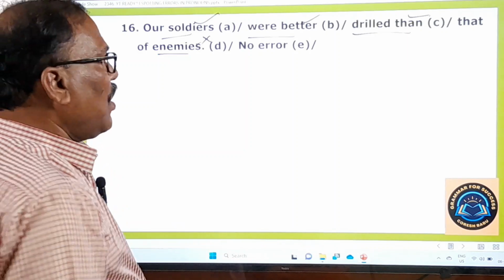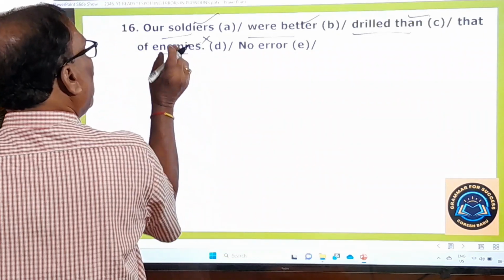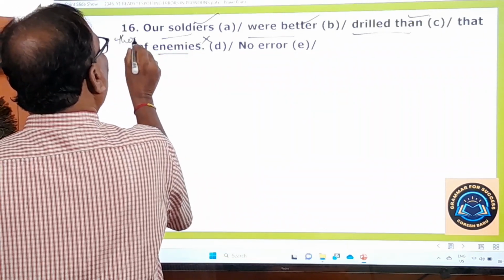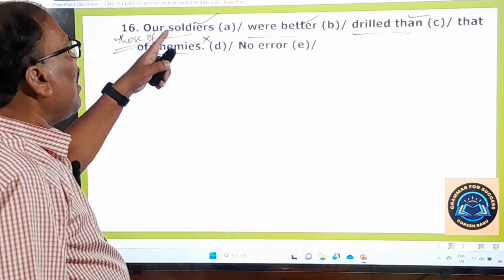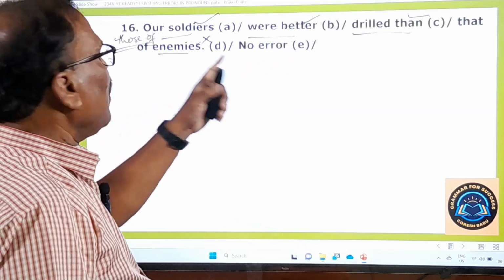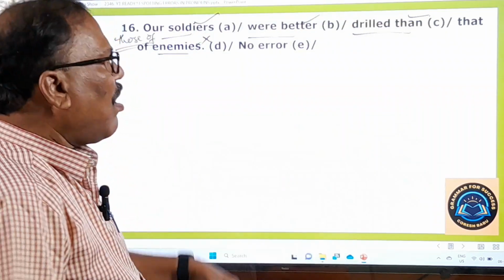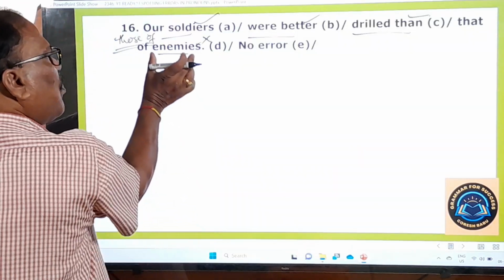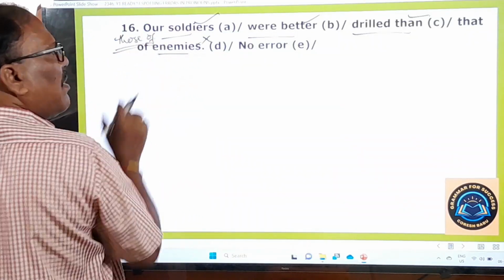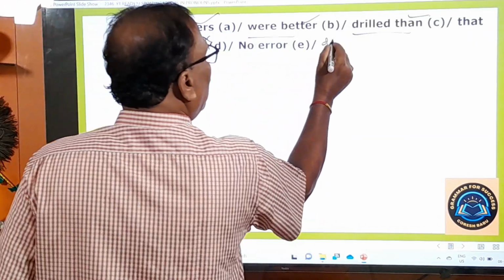You should not say that of enemies. Because this is plural, you have to say those of enemies. Our soldiers were better drilled than those of enemies. That of is singular, those of is plural. Here a plural word is there, so you have to use the plural one. So this D part is a mistake part.